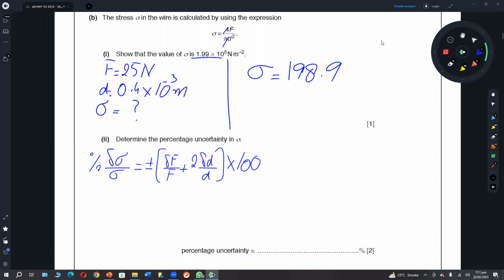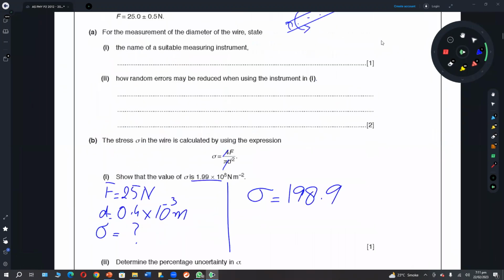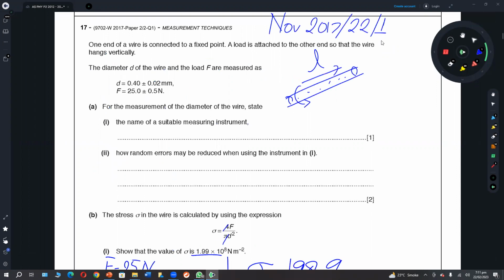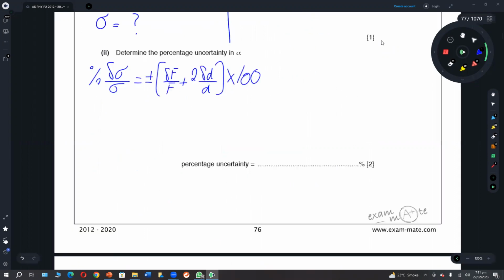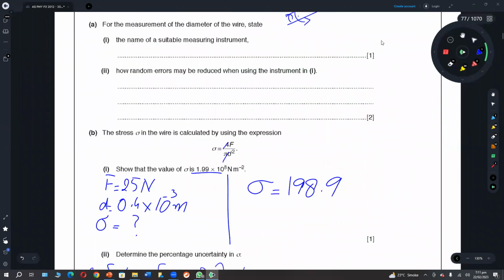The values which are in the brackets, they will be like the 0.02 and the 0.5. The numerator is always the smaller number. It's 0.5 upon 25. When you put them, it will be 0.5 upon 25 plus 0.02 upon 0.4.